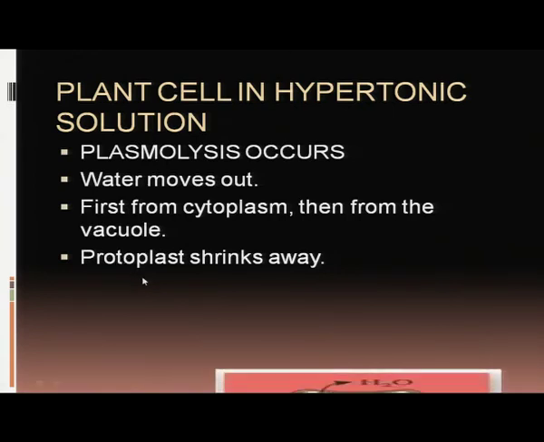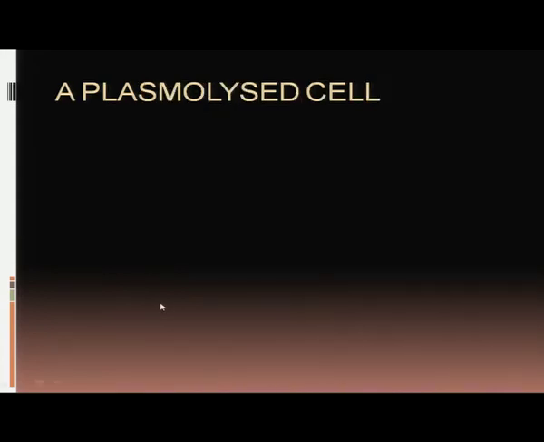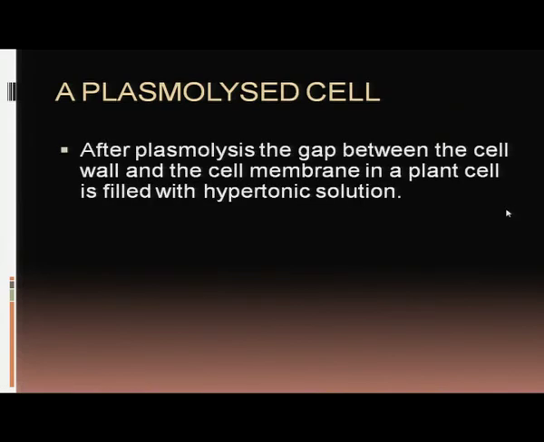So, the protoplasm shrinks away, and this is how a cell looks when it is plasmolyzed. The solution here must be hypertonic, that is why the water has been drained out. Let us have a look at the plasmolyzed cell.